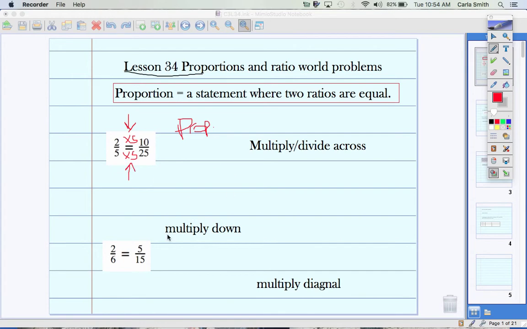Another way to do them would be to multiply down. So 2 times 3 gives me 6, and 5 times 3 gives me 15. So when these numbers here are the same, this is also a proportion.